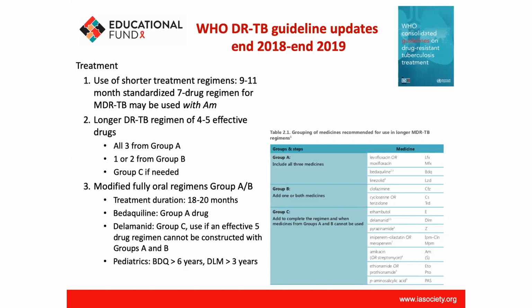So in other words, a vast majority of the patients diagnosed with either rifampicin resistant or multi-drug resistant TB should receive a quinolone, either levofloxacin or moxifloxacin, bedaquiline, linezolid, clofazimine, and then cycloserine and other Group C agents if they are necessary.